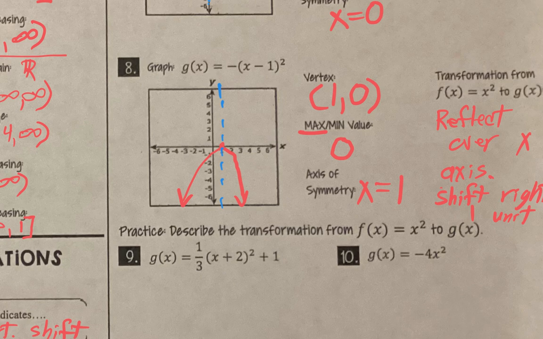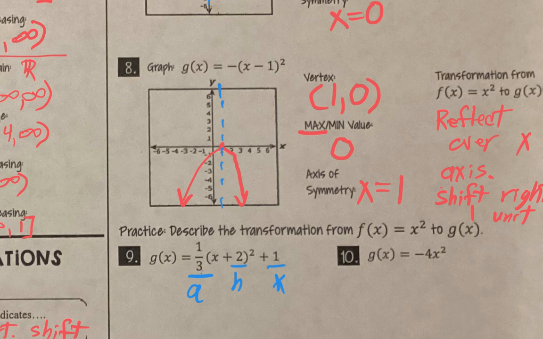Okay, practice. Describe the transformation. So we don't have to draw a graph. We do need to know what A, H, and K are. So let's just underline. There's my A. There's my H. There's my K. A is 1/3.